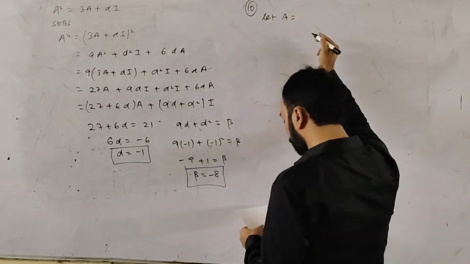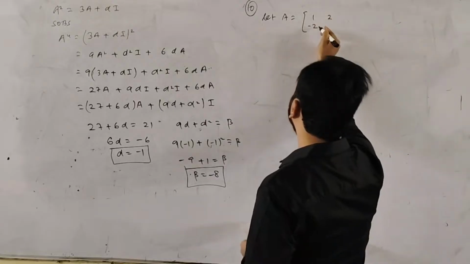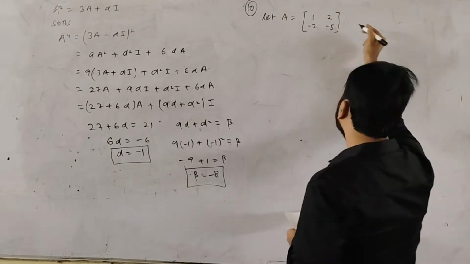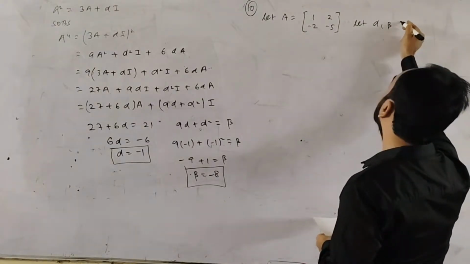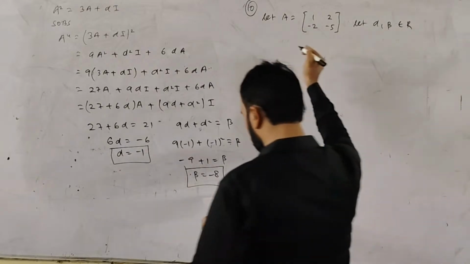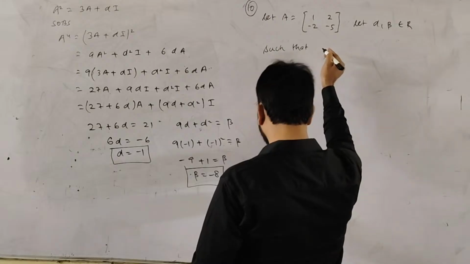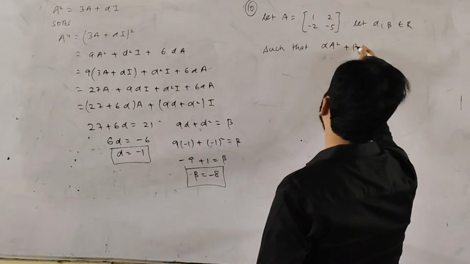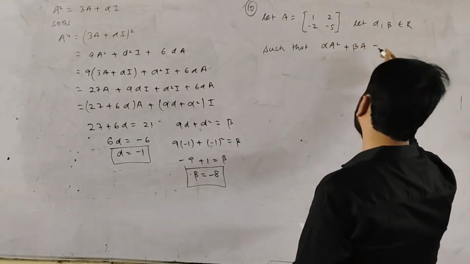Let A is equal to 1, 2, minus 2 and minus 5. Let alpha comma beta belongs to R such that alpha A square plus beta A is equal to 2I.